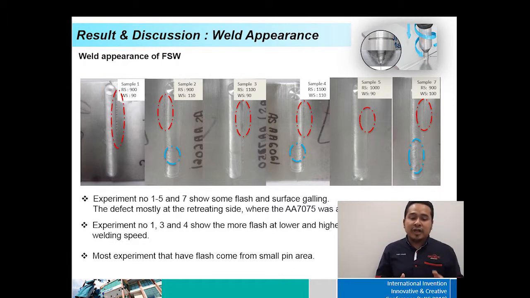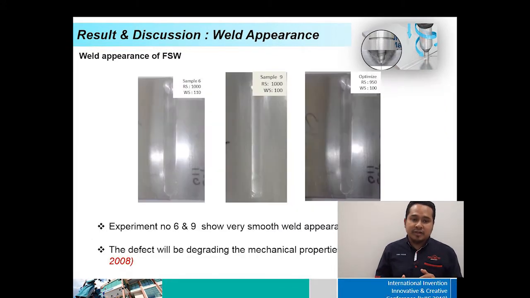Most of the experiments have flash, some from the small pin area. After that, experiments number 6 and number 9 show a very smooth weld appearance with no defect. The defects will degrade the mechanical properties.